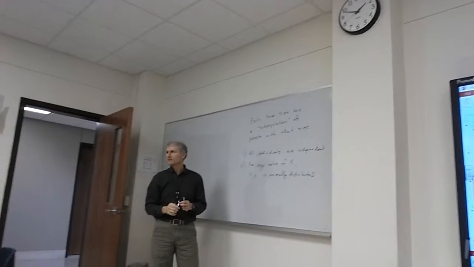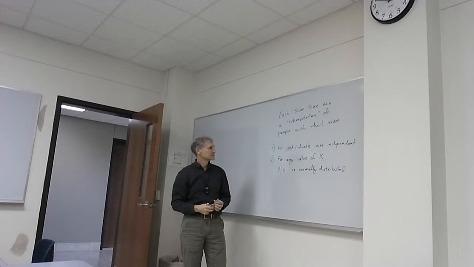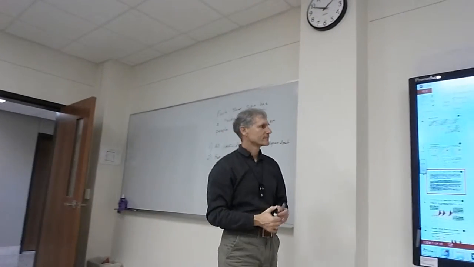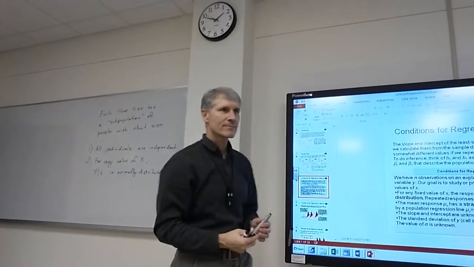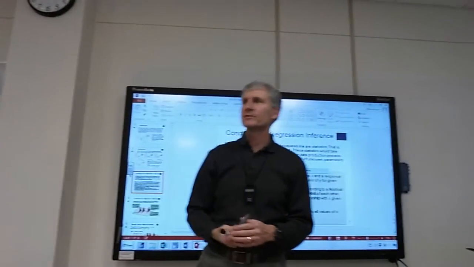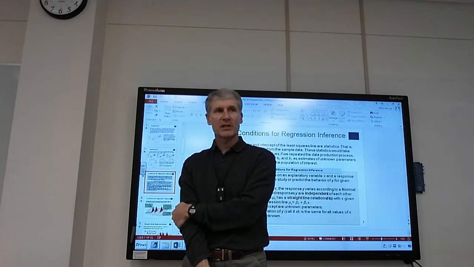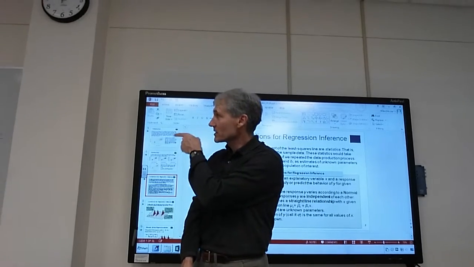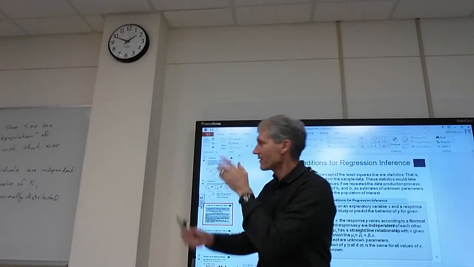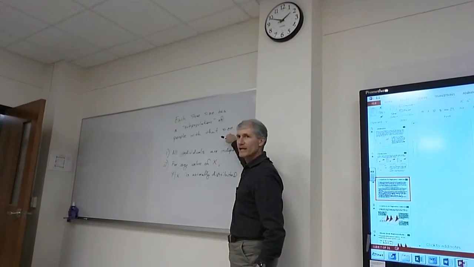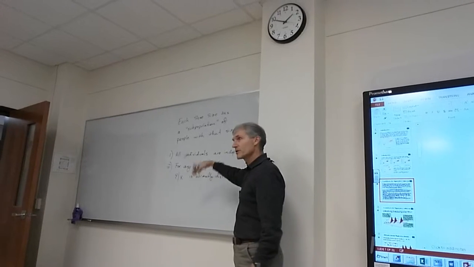Normally distributed. What's a normal distribution? Okay, it's symmetric and bell-shaped. So basically what it says, for any value of x, you've got a subpopulation of individuals that have that particular shoe size. If you make a histogram out of the heights of all the people with a size 9 shoe, you should see a bell-shaped symmetric distribution.